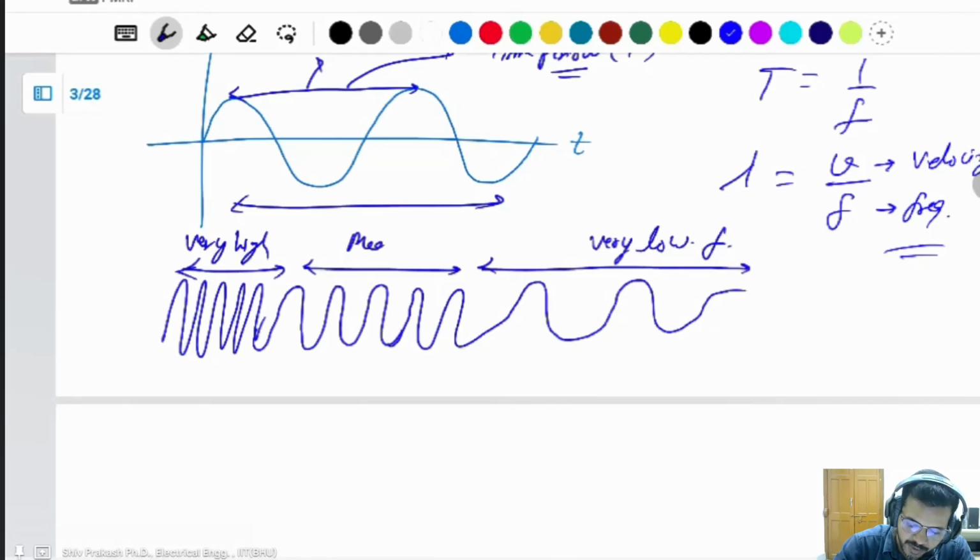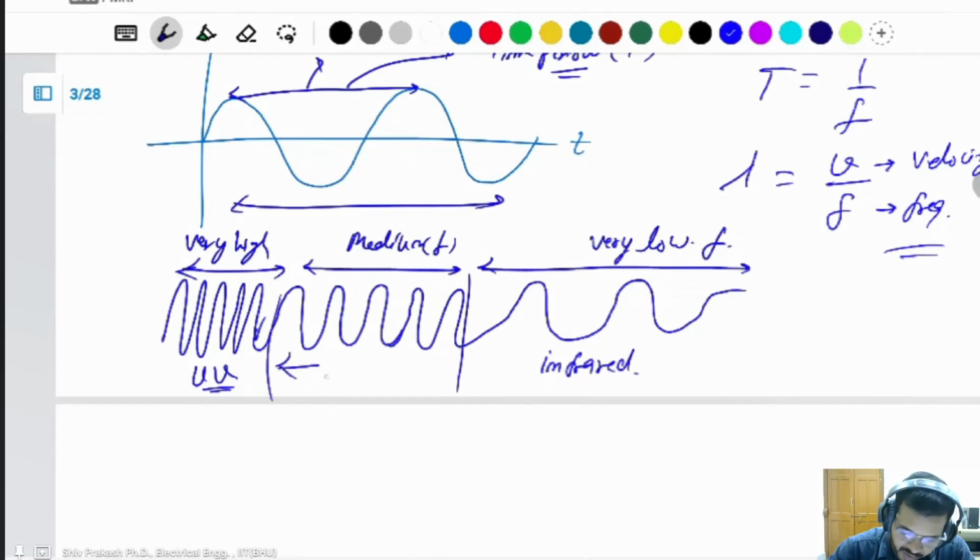You can say this is the medium frequency range. This is known as the ultraviolet irradiance spectrum. This will be known as the infrared. This section is known as the visible irradiance, and electricity is produced only in the visible range.